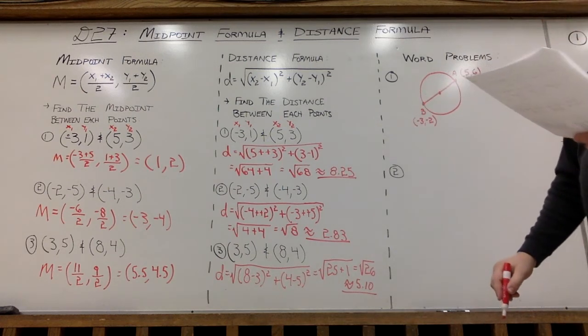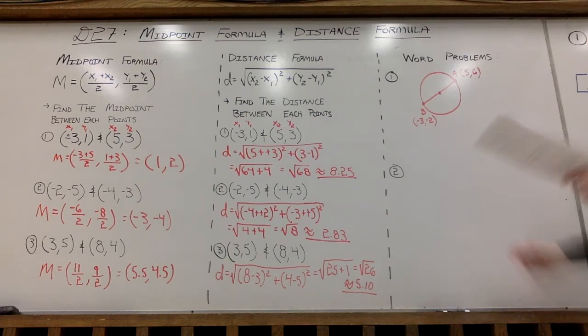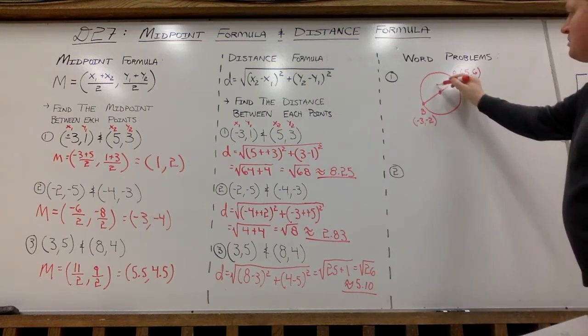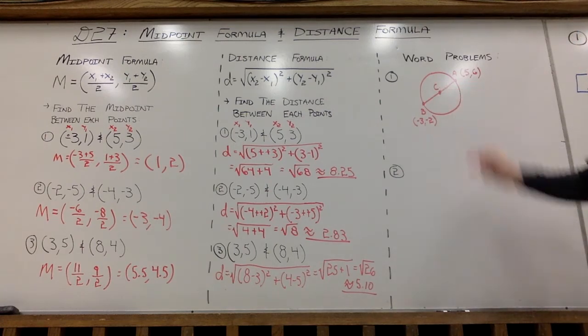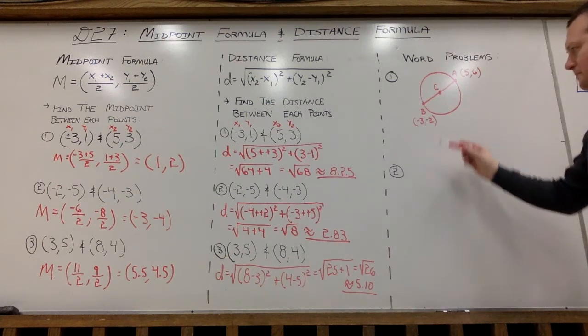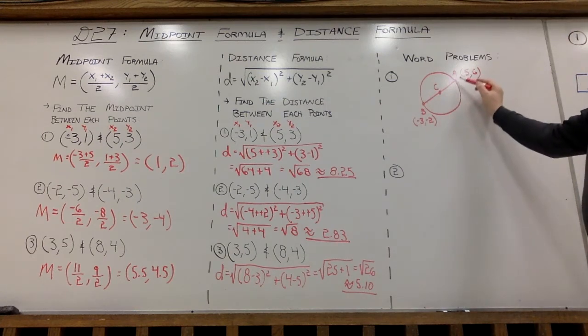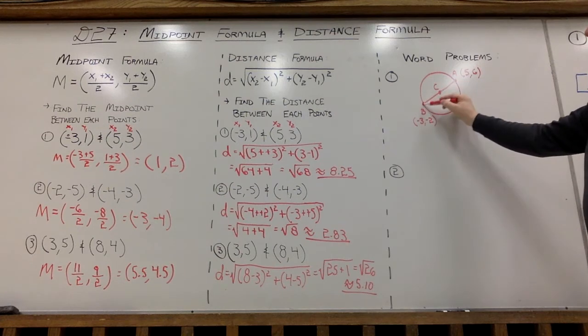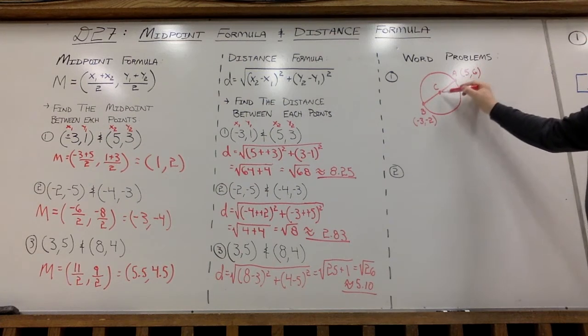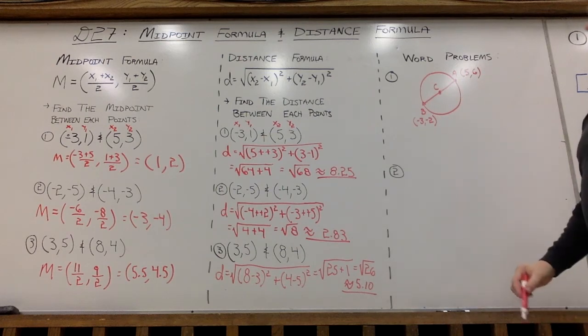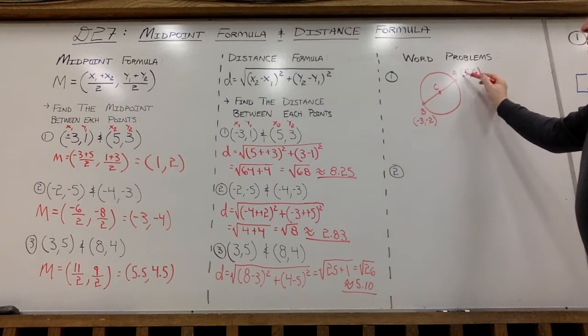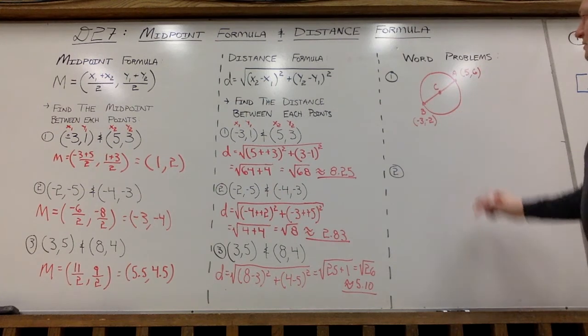We want to know what is the center of the circle. What are the coordinates for the circle's center? We'll call it point C. Well, if AB is a segment that goes from one end of the circle to the other through the center of the circle, I can find the coordinates of the center by finding the midpoint, the point that is exactly halfway in between 5, 6 and -3, -2.